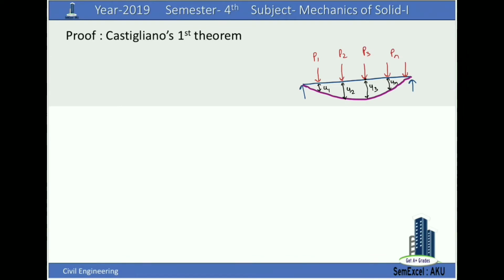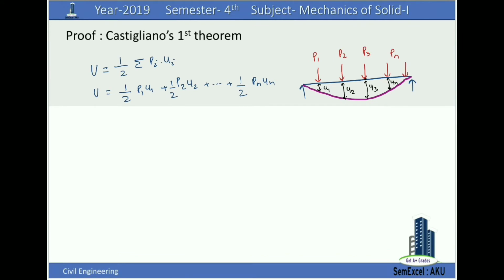So what is this strain energy? This strain energy capital U can be written as half of all the loads Pi into all the displacements Ui. Means here we can write U is equal to half of P1 U1 plus half of P2 U2 plus half of Pn Un.